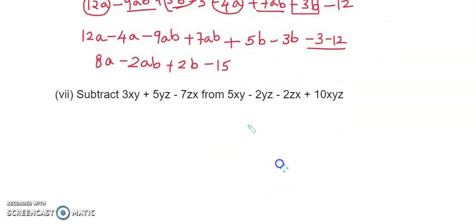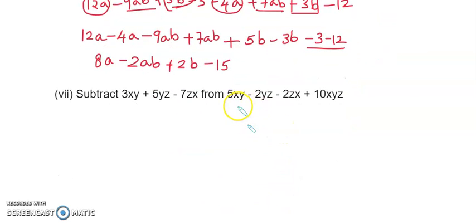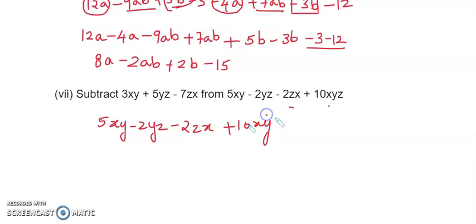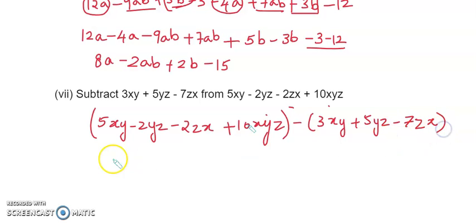Again, subtract this from that. So we'll bring down this, we'll write it first. So 5xy minus 2yz minus 2zx plus 10xyz, subtract by 3xy plus 5yz minus 7zx. Let's open it.